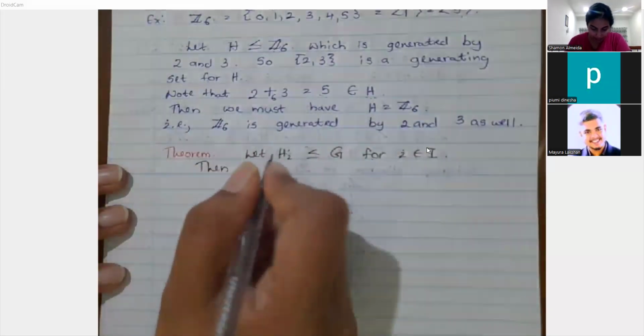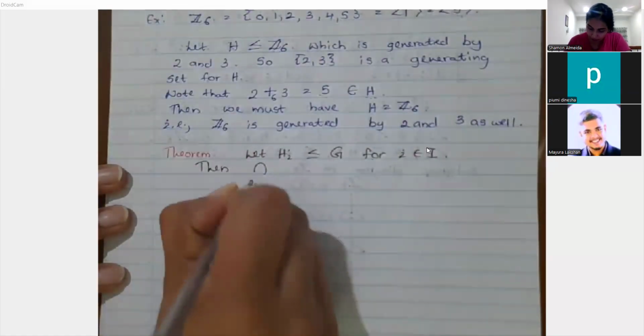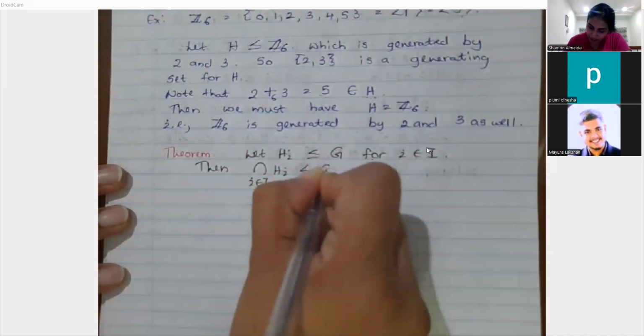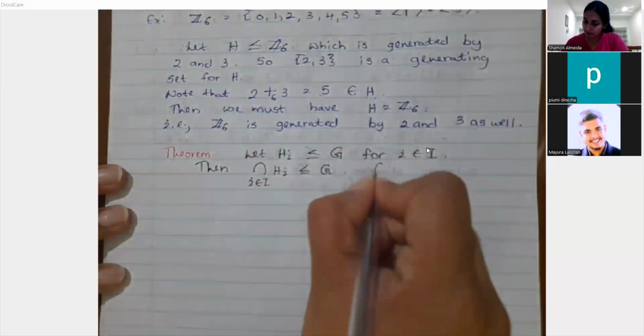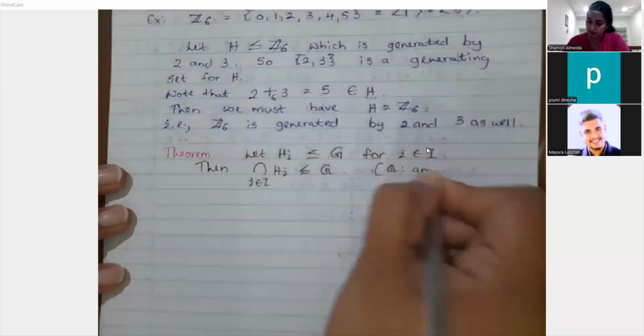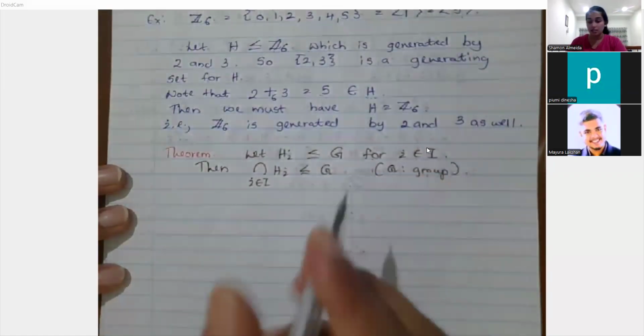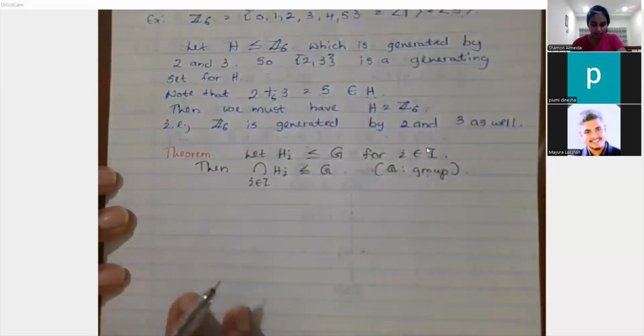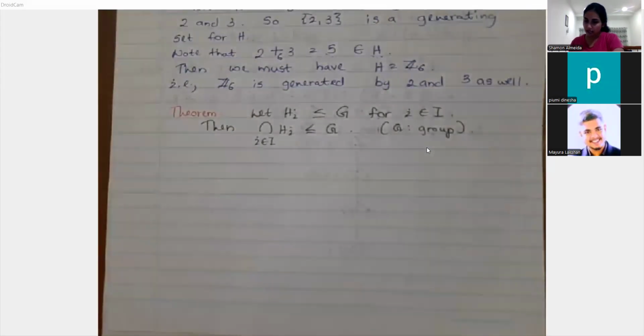Then we must have the intersection of all these subgroups to be a subgroup of G as well. We have to prove this.